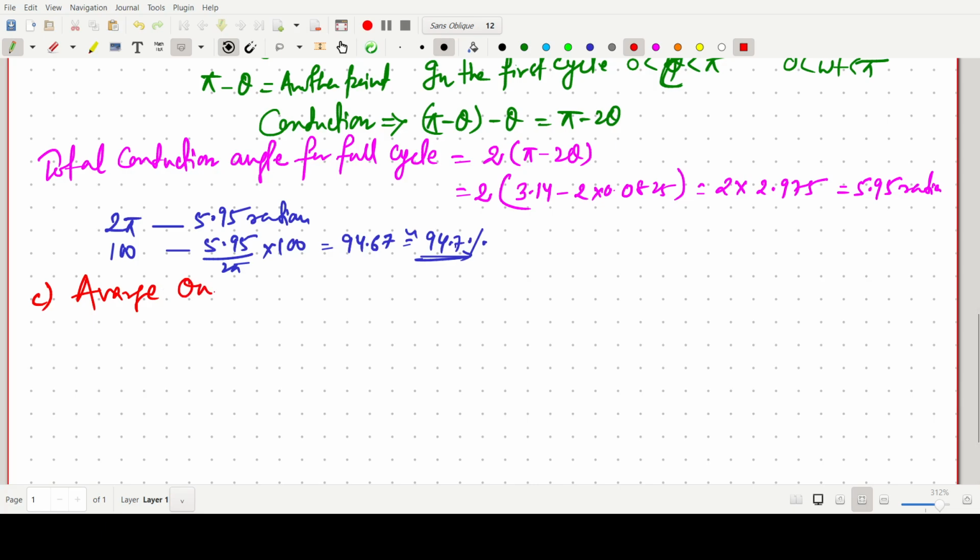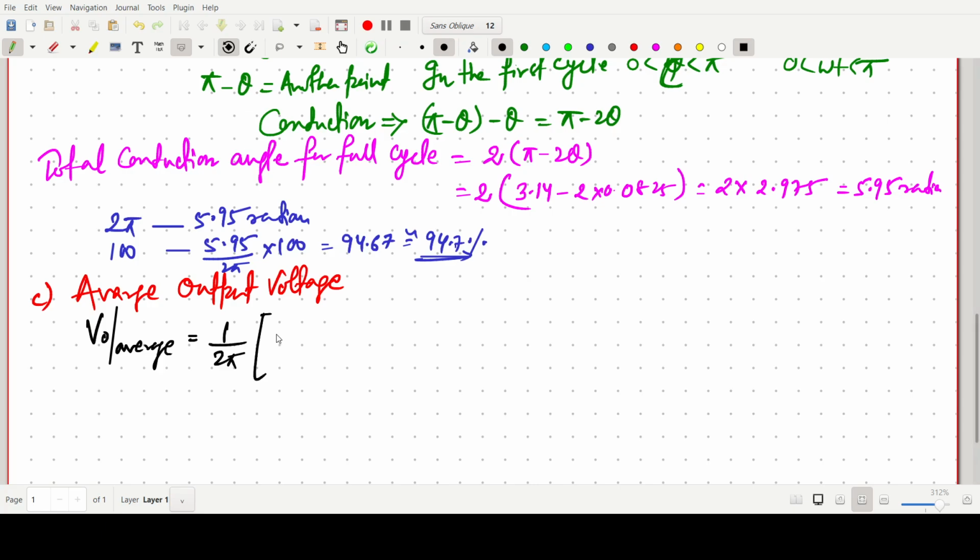Average output voltage, first voltage we have to find. For the average output voltage, what we can do, we can write V naught average we have to find. So period of the signal 1 by 2 pi.